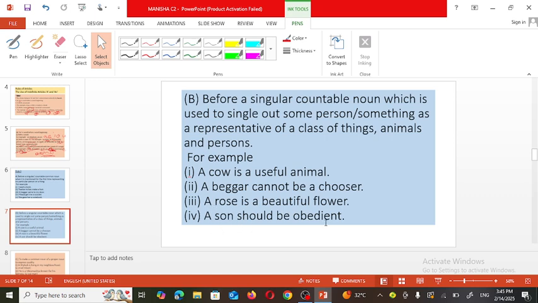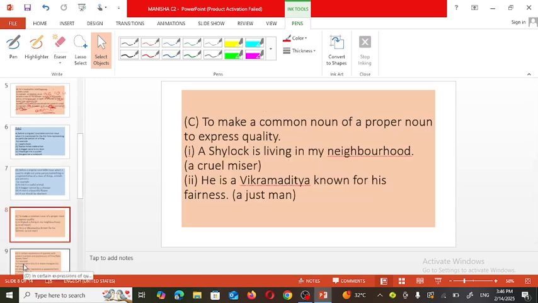A son should be obedient. It means any child or any boy who is a son must be obedient. It means before any singular countable noun we use article A when it indicates a class of things, animals and persons. Now see the next rule.